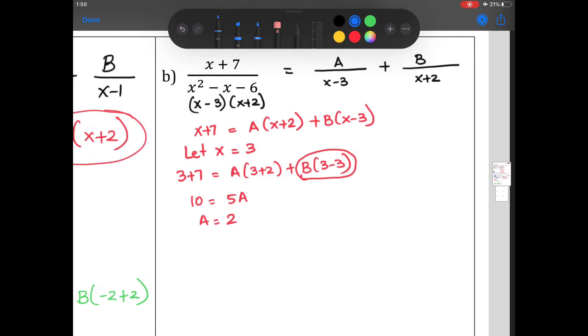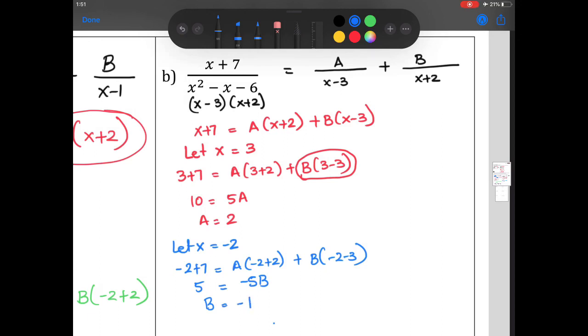Now let's say I'm going to pick x equals what? Negative 2. If you thought about negative 2, then you're right. Substitute into the equation. So it'll be negative 2 plus 7 equals a times negative 2 plus 2 plus b times negative 2 minus 3. I get 5 equals, this is 0, negative 5b, b is equal to negative 1.